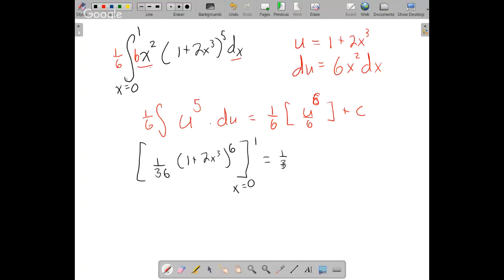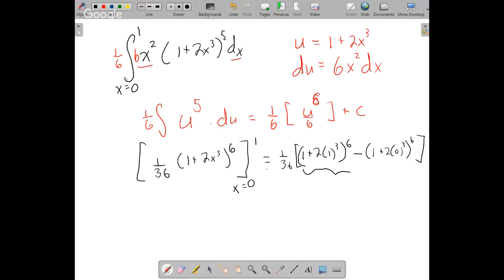So I'll have 1/36th times (1 plus 2 times 1 cubed) to the 6th, and then minus, and notice I just pulled the 1/36th out of all this, so I'll deal with that after, and then I'll have (1 plus 2 times 0 cubed) raised to the 6th.